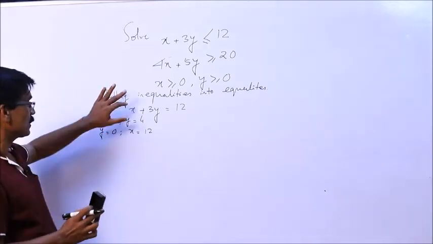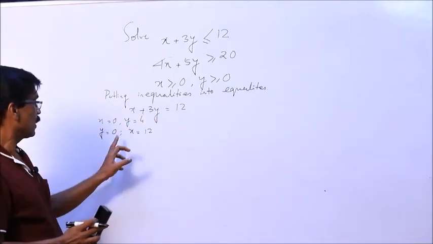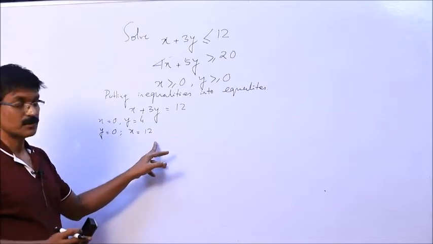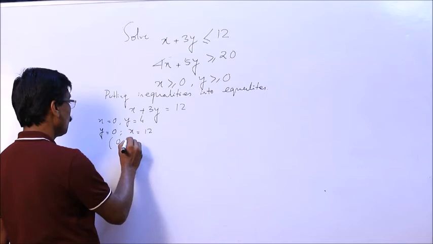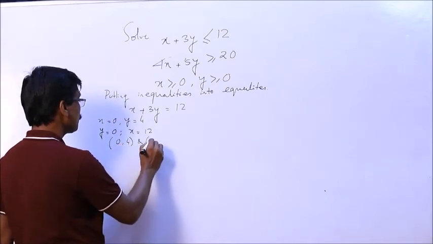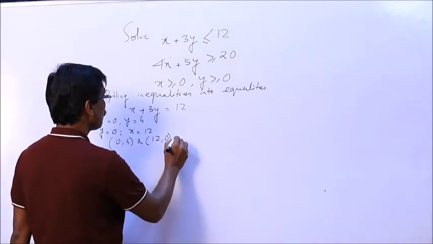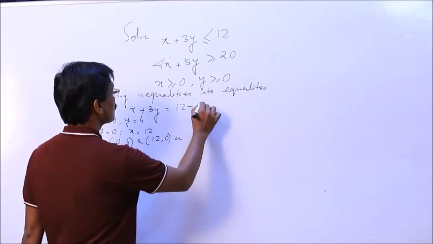If we put x is equal to 0, y is equal to 4, and y is equal to 0, x is equal to 12. So, the points are 0 4 and 12 0 on, say, equation 1.